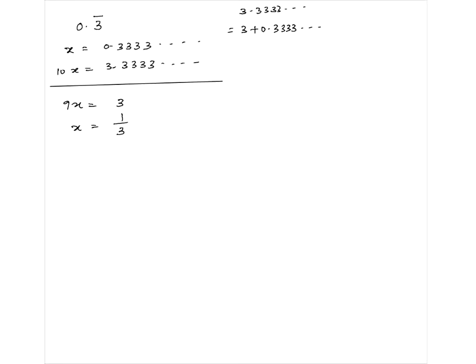Only single digit was repeating, so multiplying by 10 was effective. But if 2 digits are repeating, then multiplying by 100 should work. Here is the illustration. 0.36 bar. We want to convert to P by Q form. So how do we do it? Let X be equal to this.